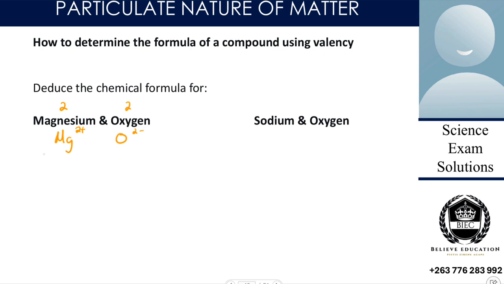Then after this we have Mg, we ignore the plus and have 2, then O what, 2, then we cross them down. Then we are left with Mg 2 O 2, and if we cancel out the 2 and 2, we are left with MgO. So this one becomes our formula.